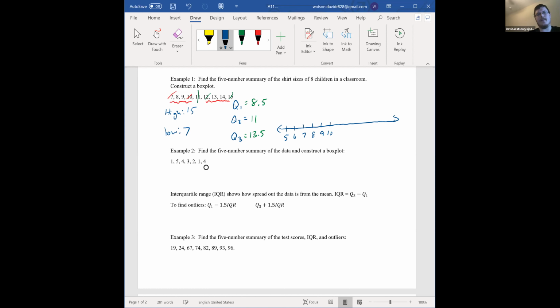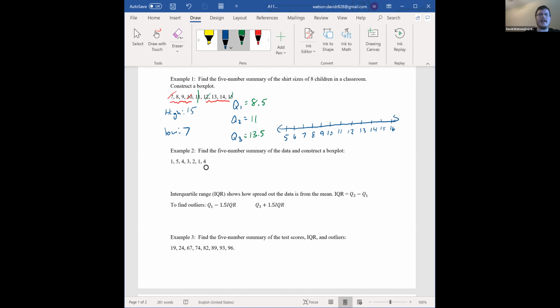I'm just going to keep going up. Just make sure that it's both lower and higher than all of your data. And then we're going to go ahead and put our numbers on here. All right, we're gonna do it in a very specific way though.